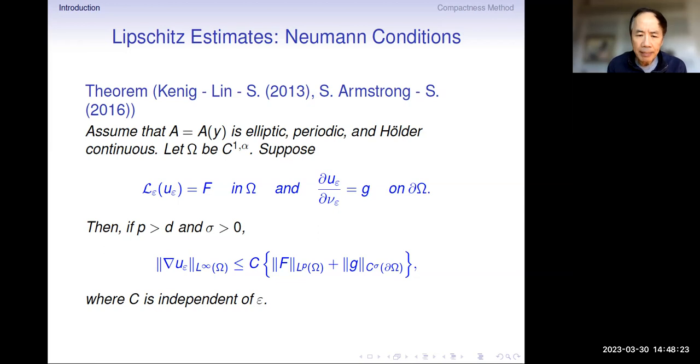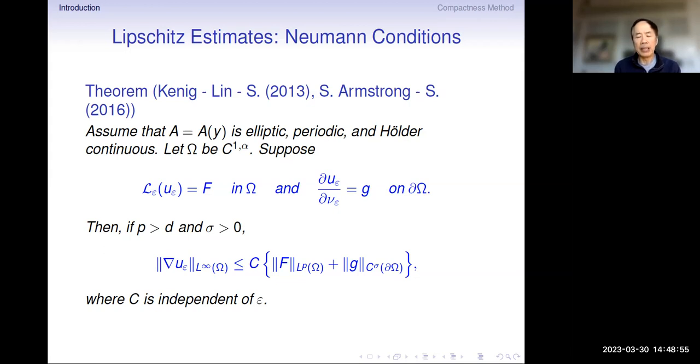The estimate is similar. We can have a uniform bound for the Lipschitz norm in terms of the data. F is still in L^p, p greater than the dimension. But since the Neumann data is imposed on the derivative, the g here is in C sigma, and sigma has to be positive.